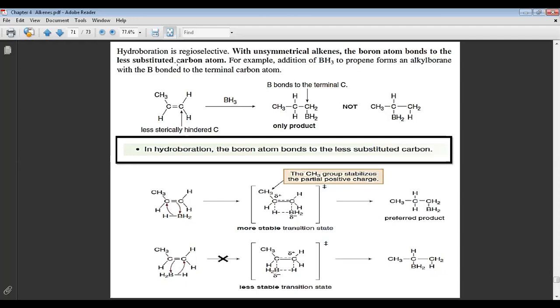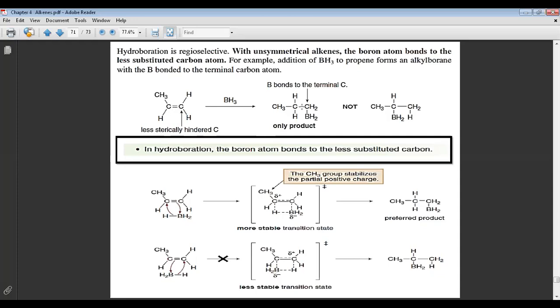On paper, if you think about this reaction, you would say to yourself, I will have two products, this and this. Why? Because this is an unsymmetrical alkene, and I can add the hydrogen here and BH2 here, giving this product, or reverse, the hydrogen here and BH2 here, giving this product. This is on paper.